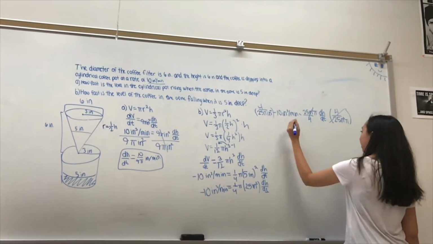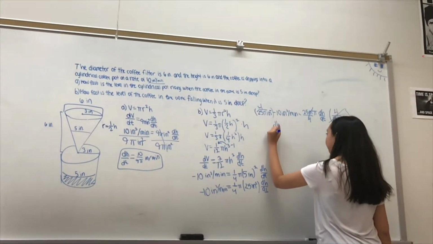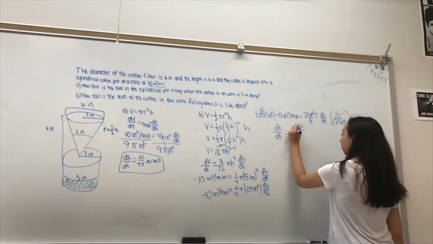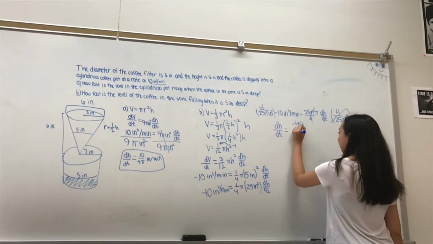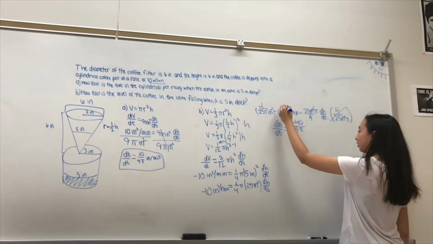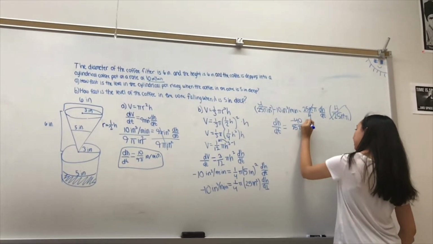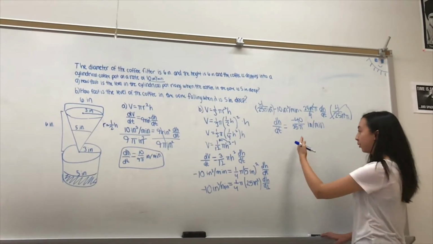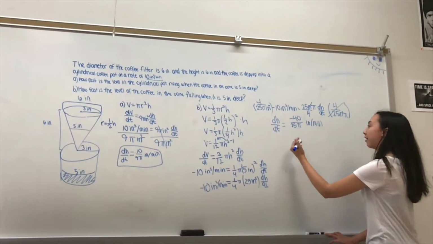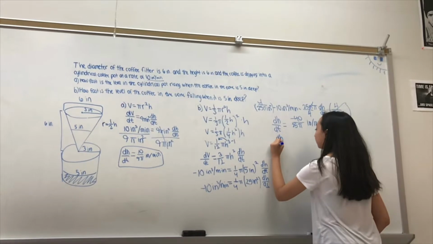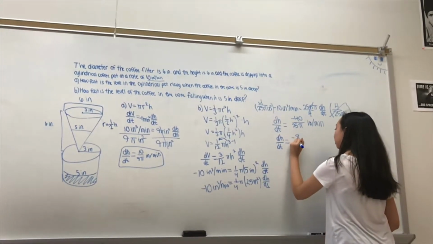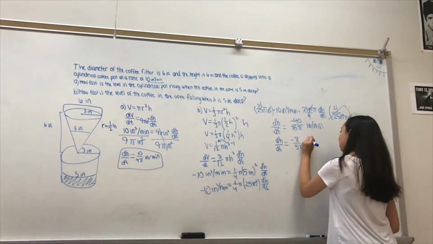These two cancel out, and then we get dh dt equals negative 40 over 25 pi, and then inches cubed divided by inches squared gets us inches per minute. Now we can divide both the numerator and the denominator by 5. This gives us dh dt equals negative 8 over 5 pi inches per minute.